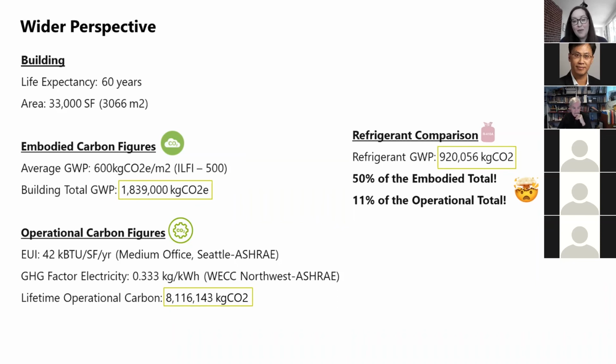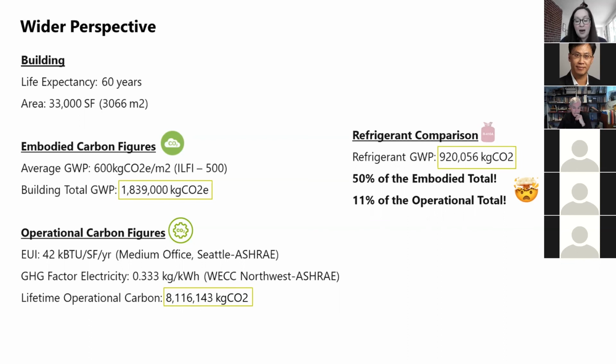ILFI usually says a value of about 500, but let's round that up a little bit and say they didn't put any energy efficiency measures in. The total building GWP for structures, foundations, and enclosures, so all of that concrete or wood or steel, is about 1.8 million. Let's compare that to the refrigerant number, which came in at almost 1 million. It's 50% of that embodied carbon total, just for the refrigerants.